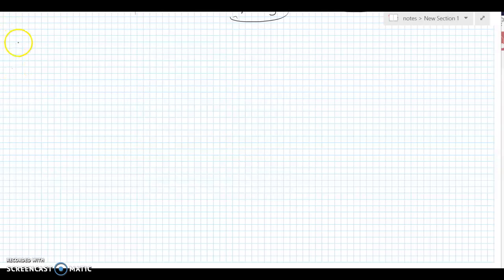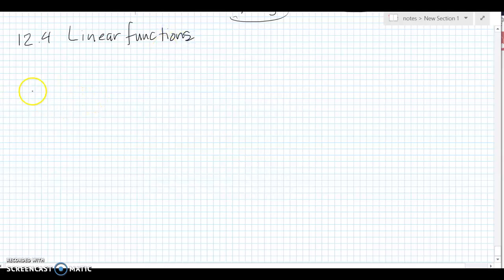Alrighty, welcome back. Today we're going to start 12.4, which is linear functions. We've got a few pieces of information. Something like x equals a constant, say 4, we know that's a vertical plane in x.